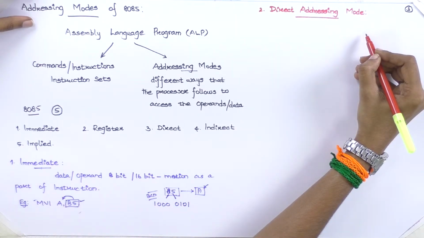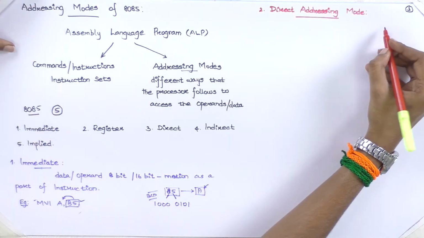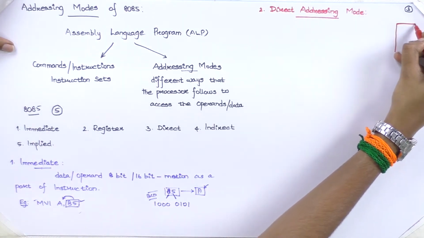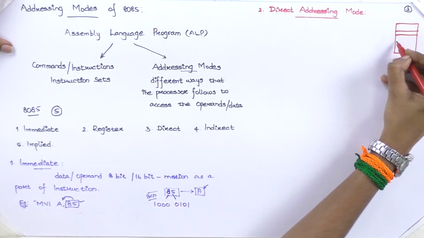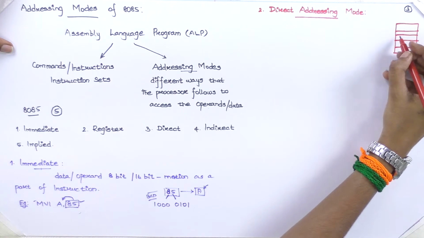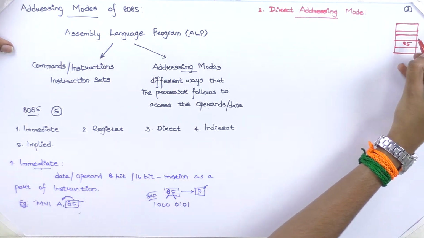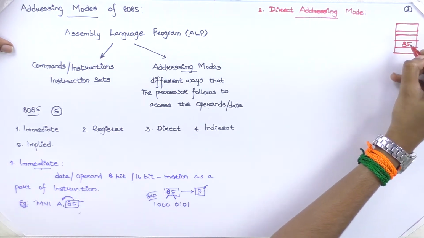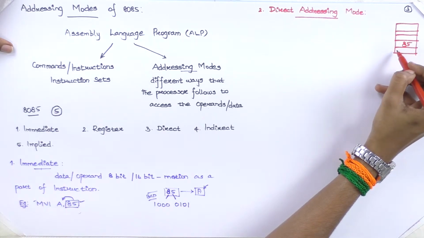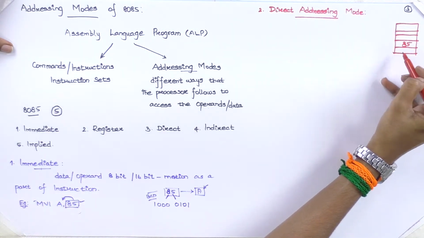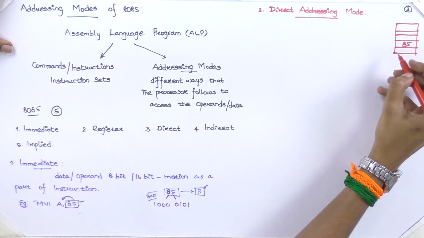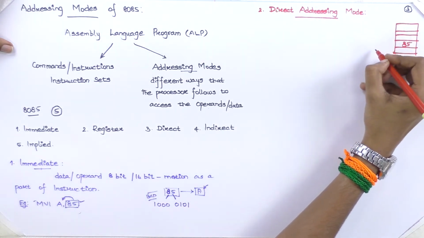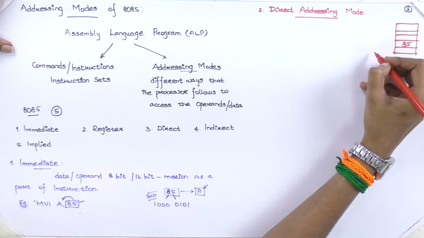Consider that you have stored the value 85 that we used in the previous example in a memory. Consider this as your stack of memory, and 85 is stored here. A stack is a collection of memory locations.